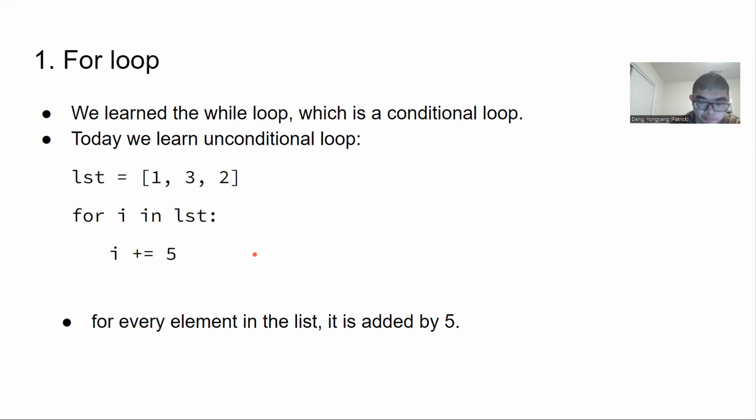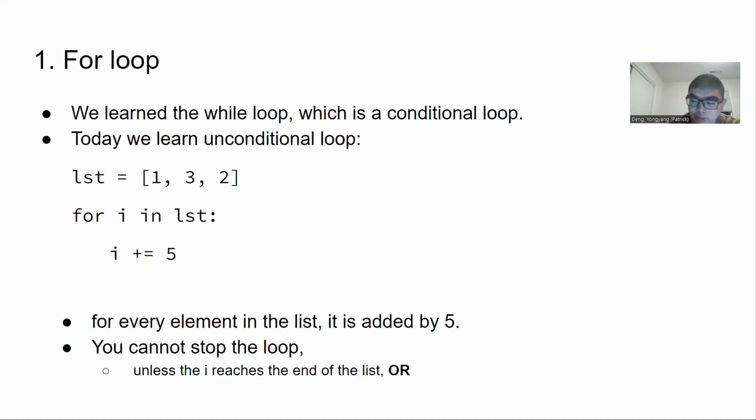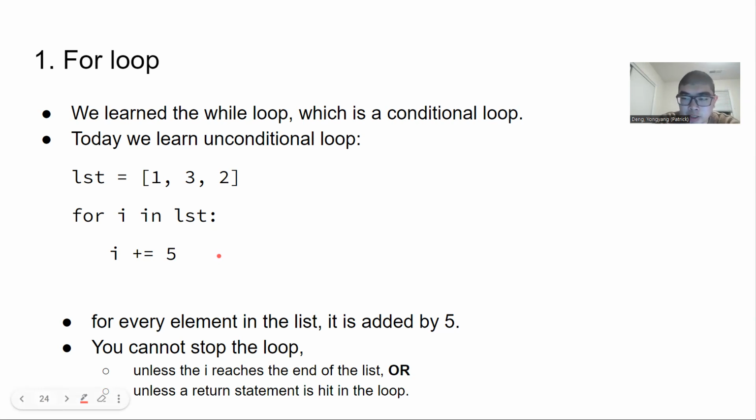For every element in the list, it is added by 5, and you cannot stop a loop unless i reaches the end of the list. For example, i becomes 2, and there's nothing behind 2, so I have to stop here. Or there is a return statement hidden in the loop. For example, if i is equal to 8, then I return 8.